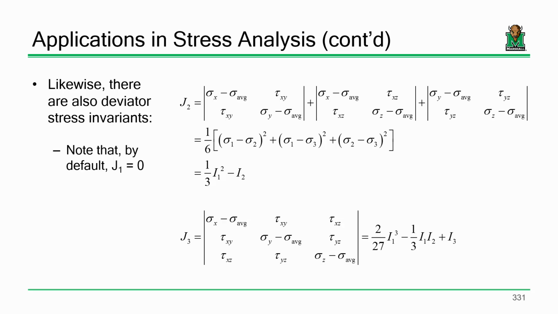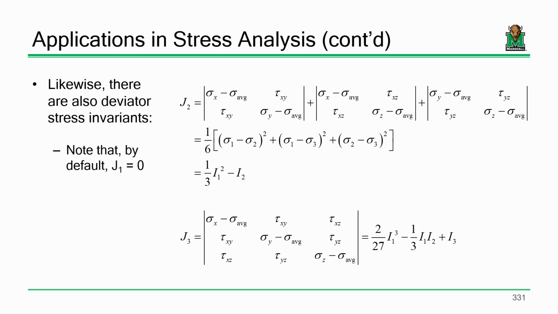Now, likewise, we have J2 and J3, and it's the same process. We can do a little bit of algebra and some substitution to come up with some really simple values for J2 and J3, as you see here. Now, my steel design folks, they will know this term, or they better know this term. Like it or not, or whether they believe it or not, they have already done problems incorporating J2 plasticity.